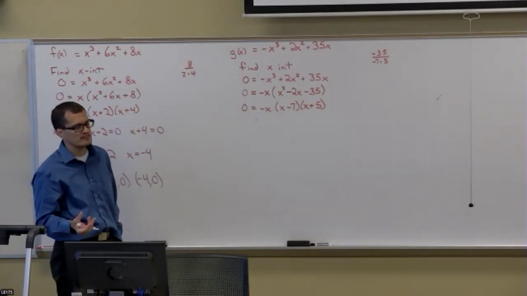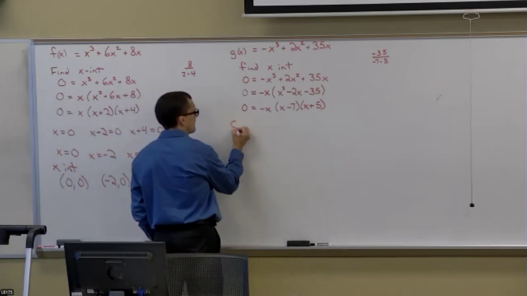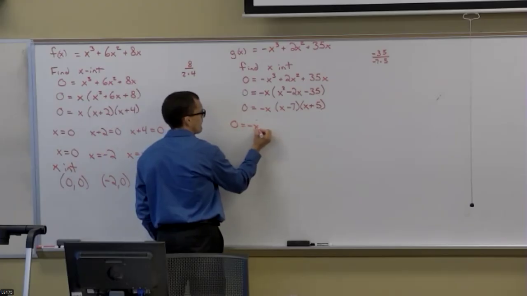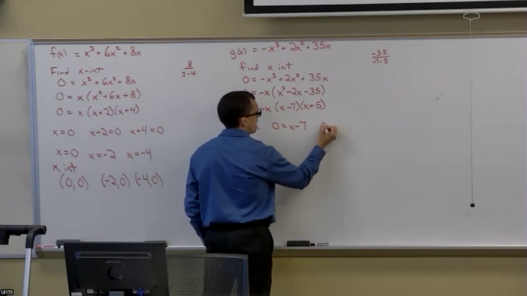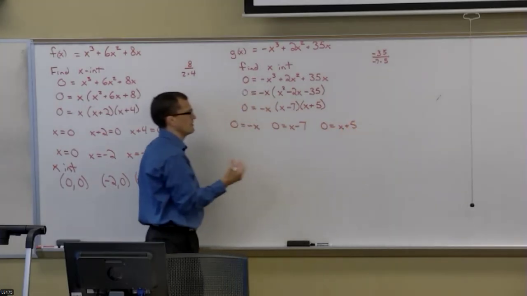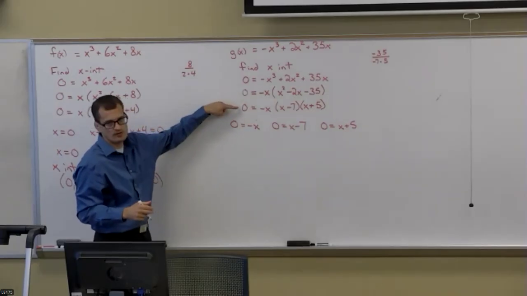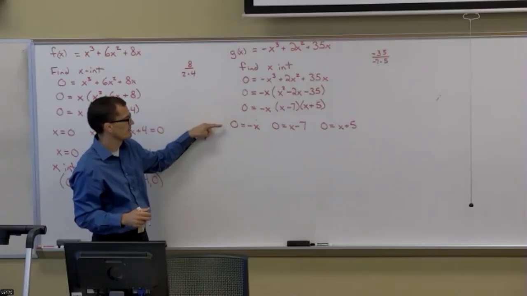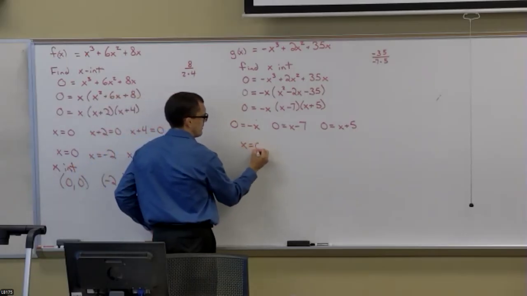Now the negative x still is there, so we set all three pieces equal to 0. And if any one of those is true, then my entire output will be 0. So on this one, divide by negative 1, you get x equals 0.